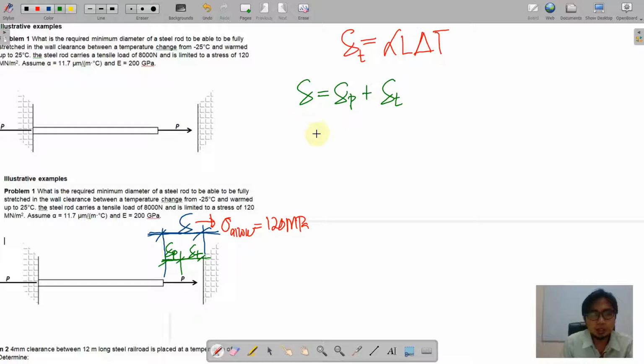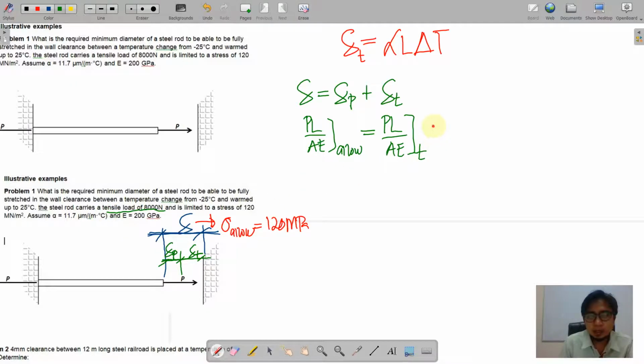You know the formula of delta, that is PL over AE. This is actually the allowed delta, because the allowable is given, so we denote that as allowable. This is PL over AE due to the tensile load, and the tensile load is 8,000 Newton.